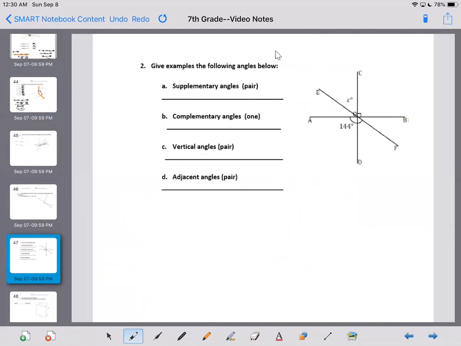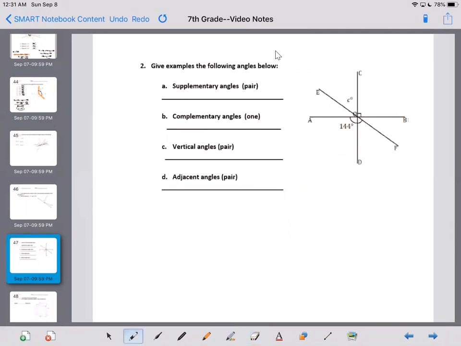So some examples here, we're looking at supplementary angles. So remember, supplementary angles are just angles that are going to add to give you 180. So these three would be examples of that. Complementary angles would be these two because they add to give you that 90 degrees.